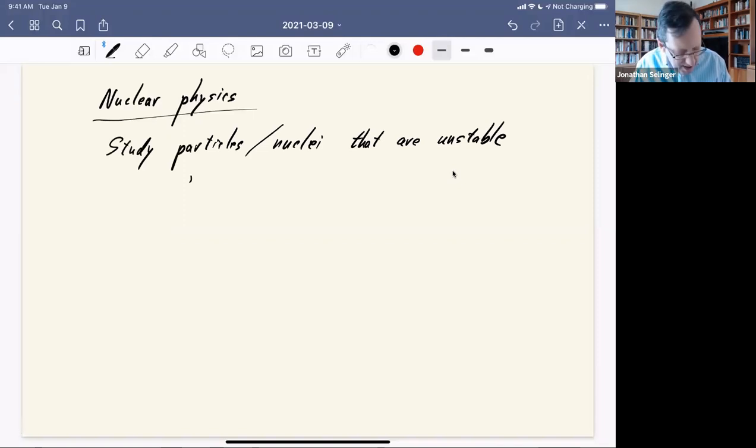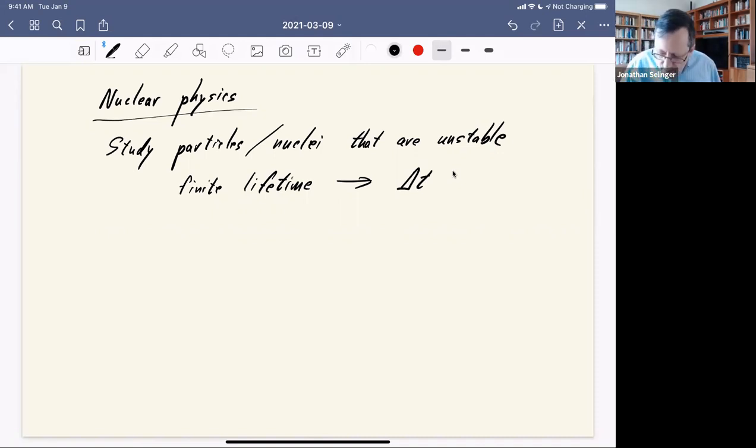That means they have some finite lifetime, a half-life, over which, say, half the particles decay into something else. So that makes a delta T, an uncertainty in the time associated with a particle or a nucleus.